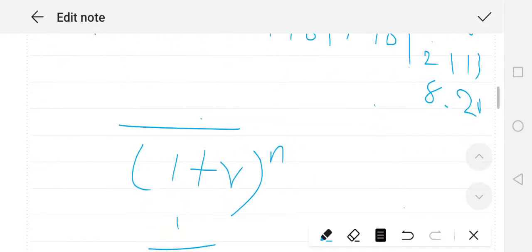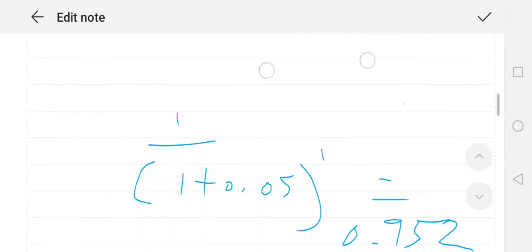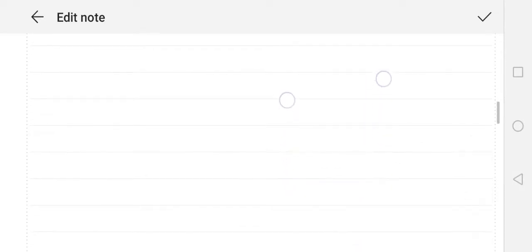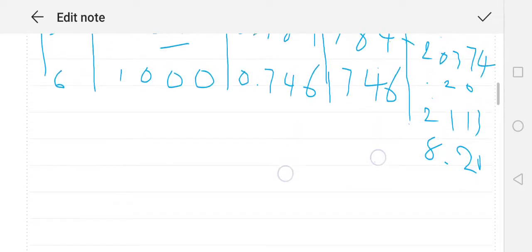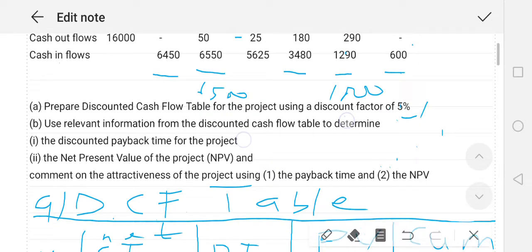All right, so let's move on to the next requirement. The question says use relevant information from the discounted cash flow table to determine the discounted payback period.